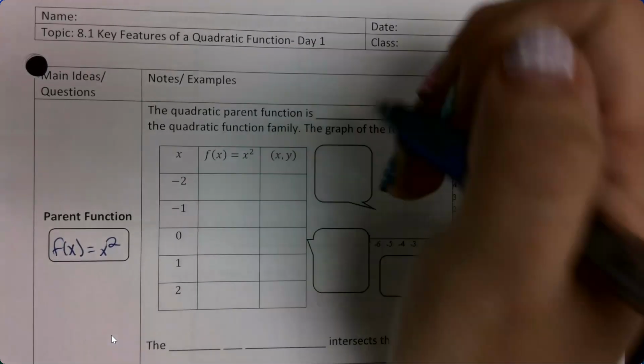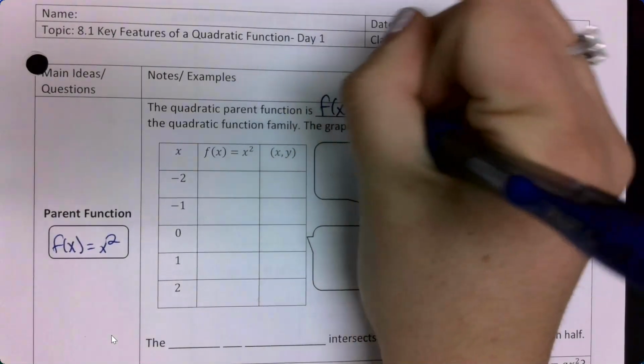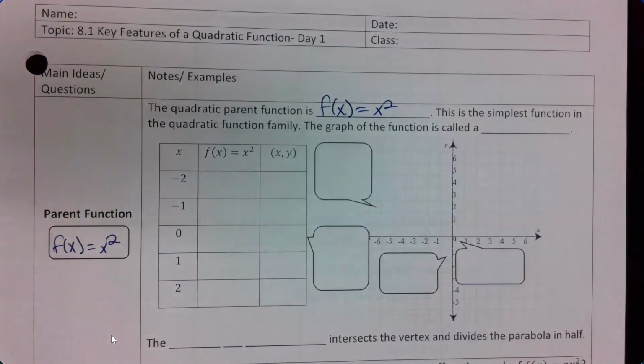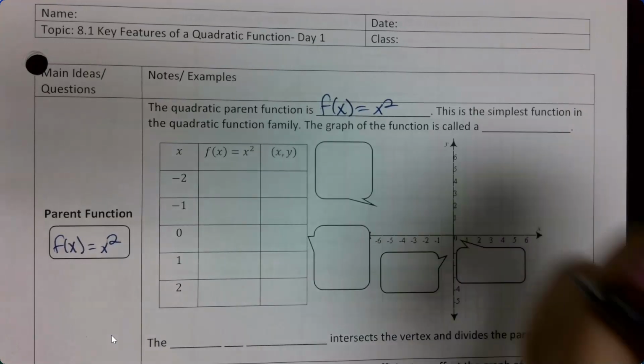Okay, so our quadratic parent function is f of x equals x squared. This is the simplest function in the quadratic family. The graph of the function is called a parabola.